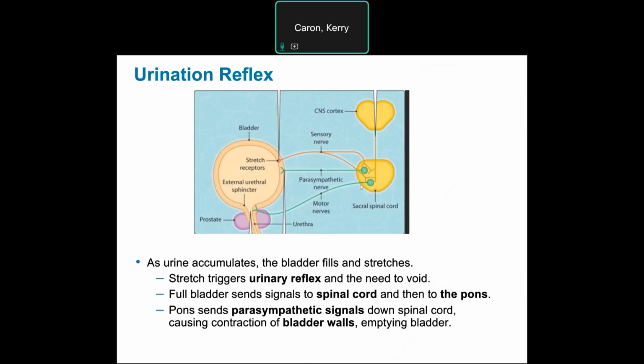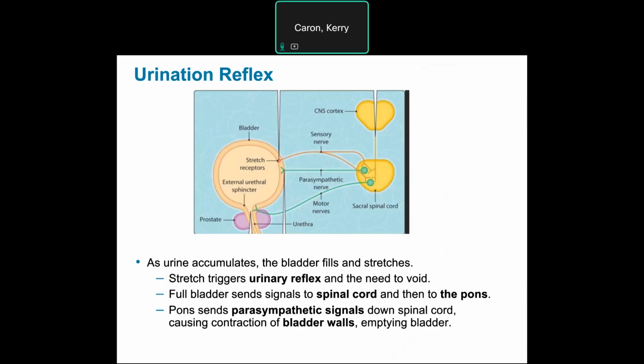The urinary reflex is similar to the defecation reflex. As urine accumulates, the bladder fills and stretches, and stretch receptors trigger the urinary reflex and the need to void or urinate.